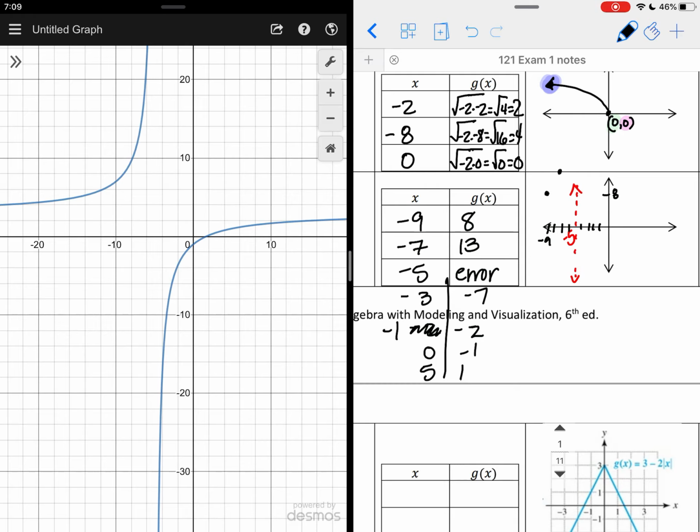At -5, we have an error. At -3, we have -7. At -1, we have -2. At 0, we have -1. And at 5, we have 1. So let me graph it.